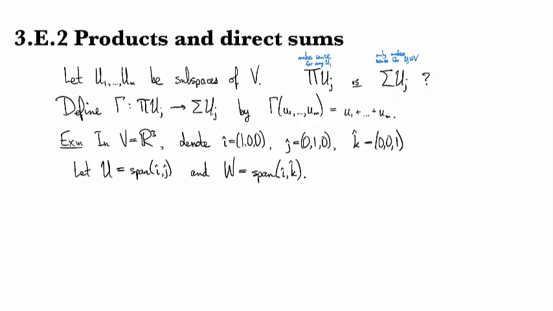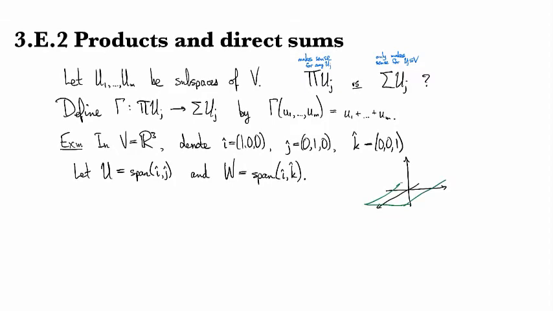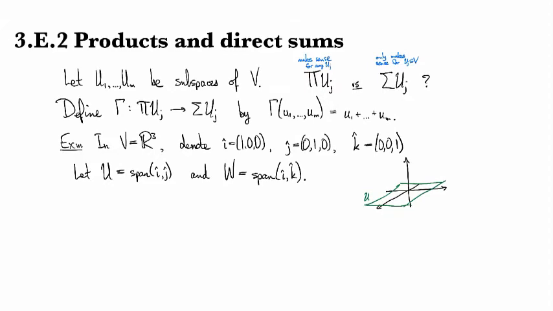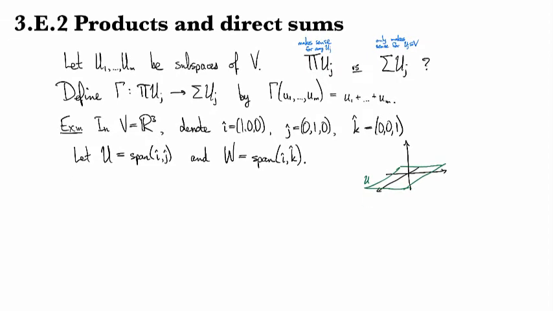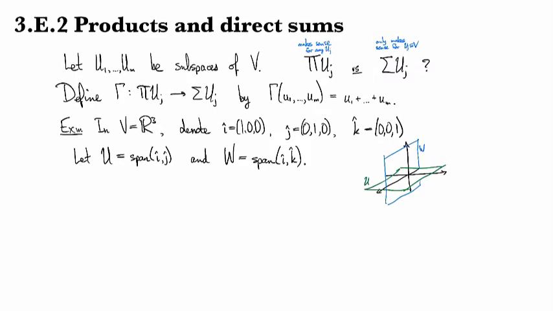Okay, so then what we have is something that, if I sketch it on the axes, looks like this. And so our U is going to be this zone down here, and our W is going to be this one up here. And so if you look at this picture here, what do we have?